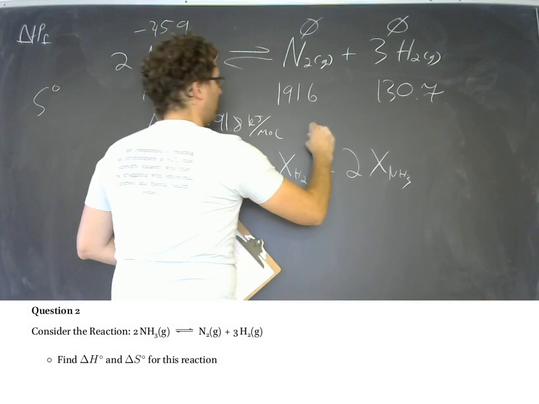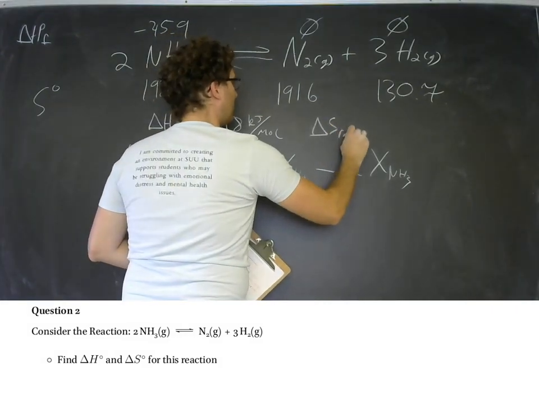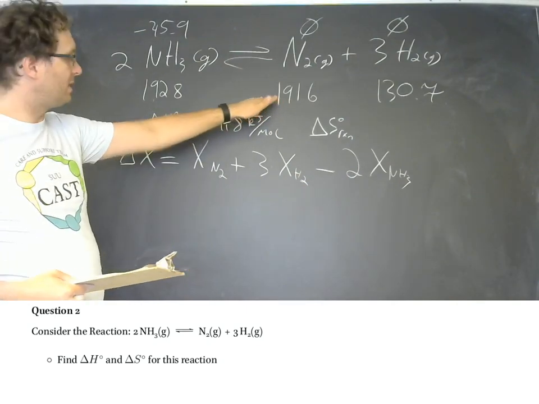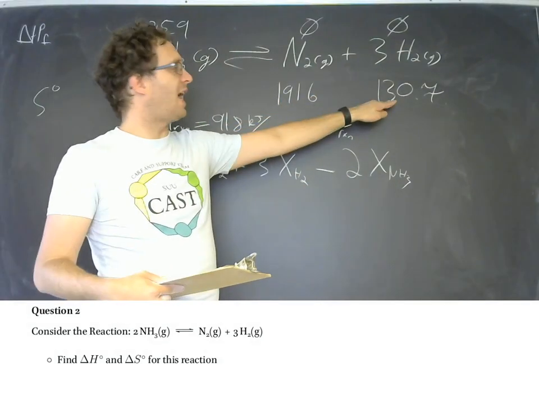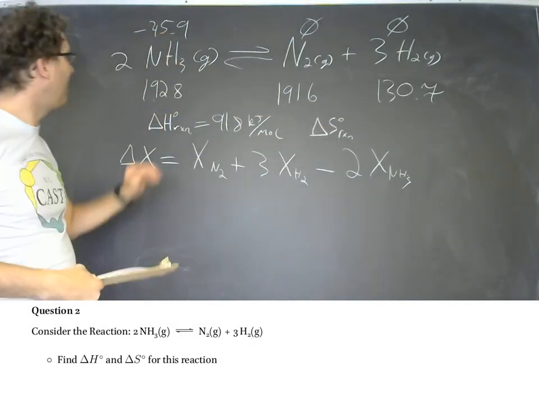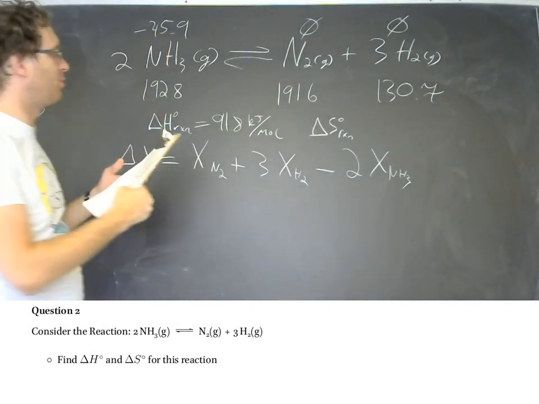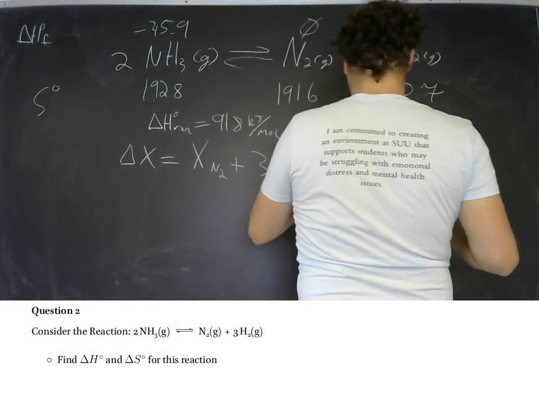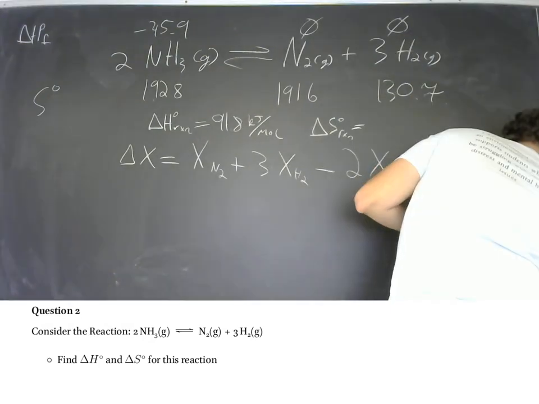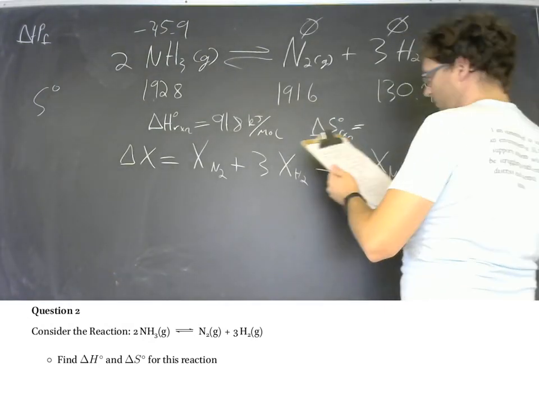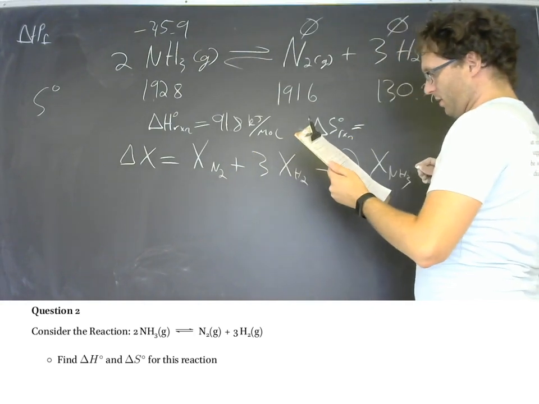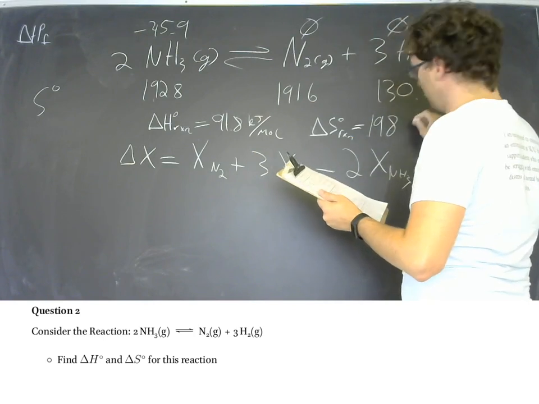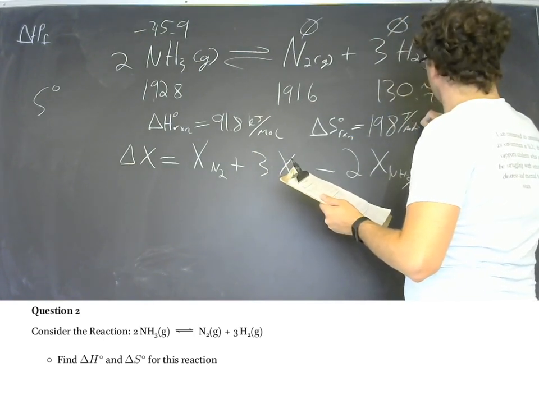And for the delta S naught of reaction, we would take 191.6 plus 3 times 130.7 minus 2 times 192.8. And that equals 198 joules per mole Kelvin.